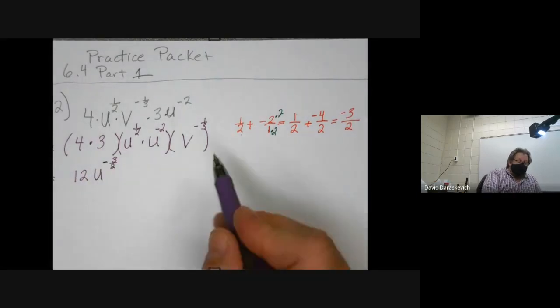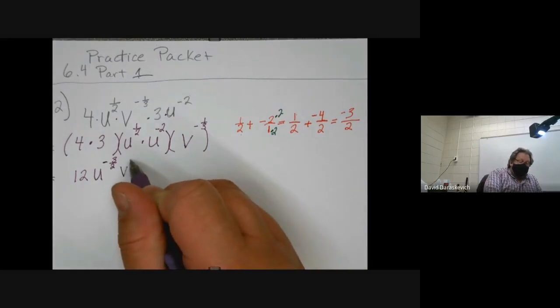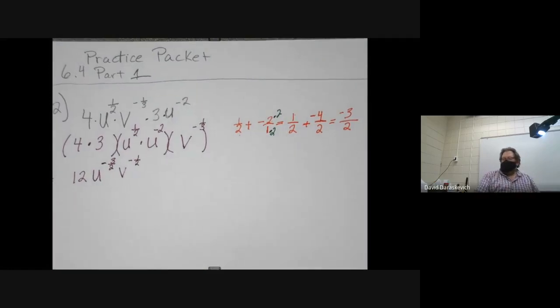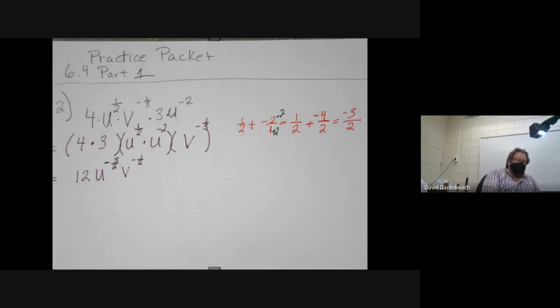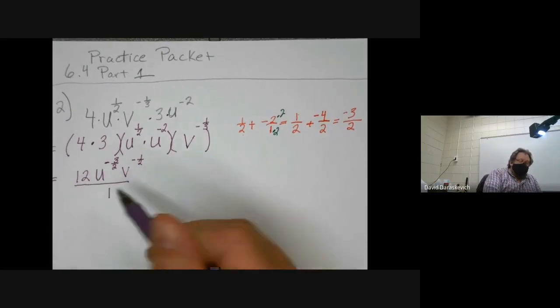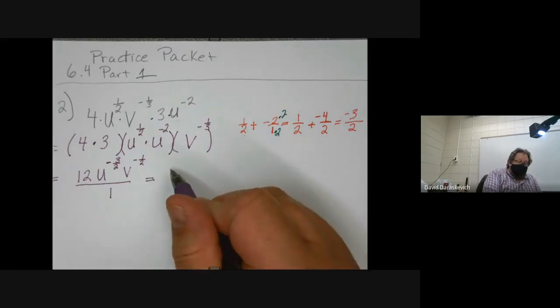And then I have my v to the negative 1/3. Now remember, I cannot have negative exponents in my answer. So I have to think of this as over 1 and flip those negative exponents.